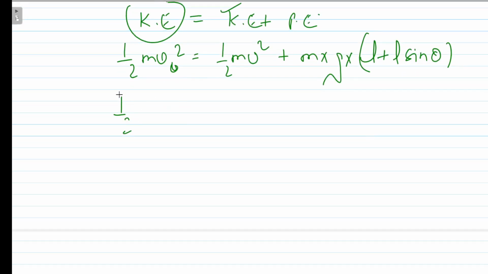Okay, अब इन दो equations में half m v naught square is equal to m, इधर आ जाएगा v square by 2.